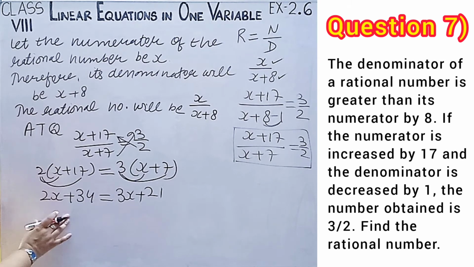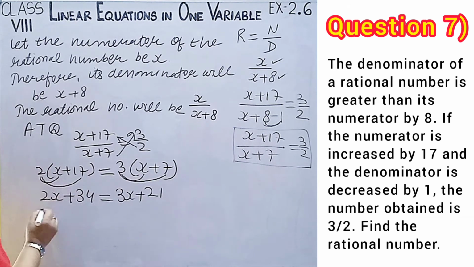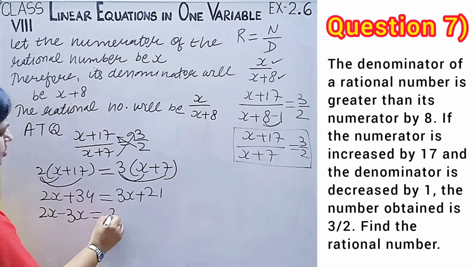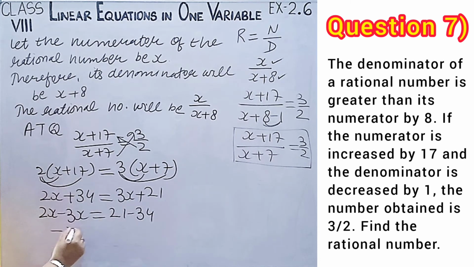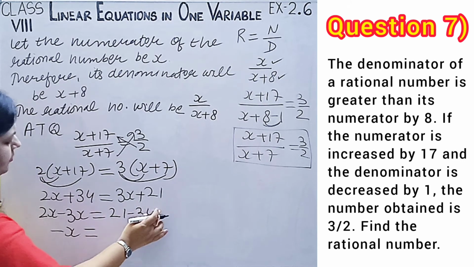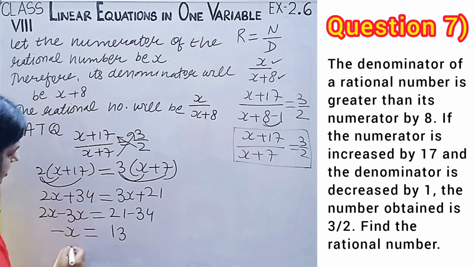Now transposing 3x from right to left and 34 from left to right. So 2x minus 3x is equal to 21 minus 34. So minus x is equal to minus 13. Minus minus cancel, x is equal to 13.